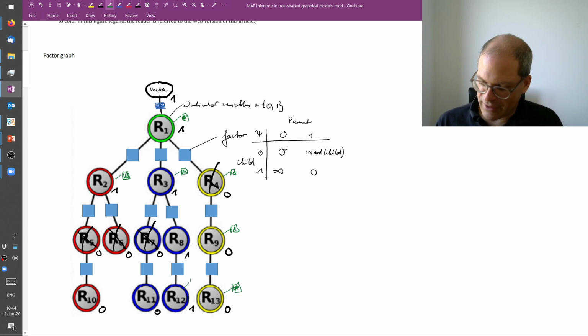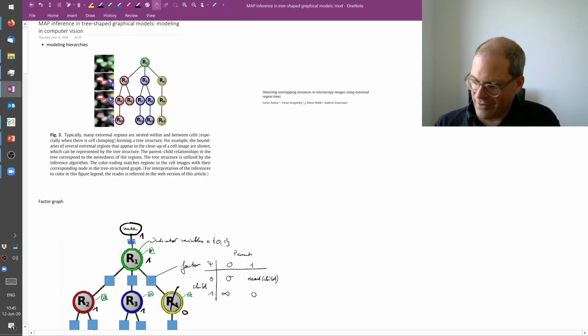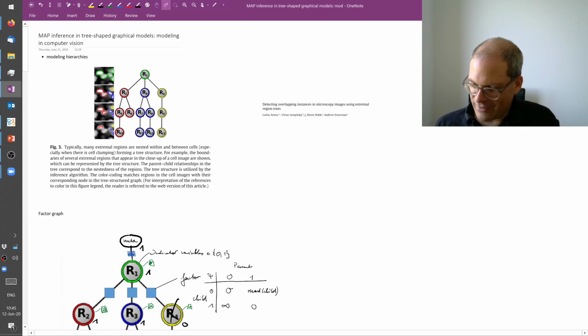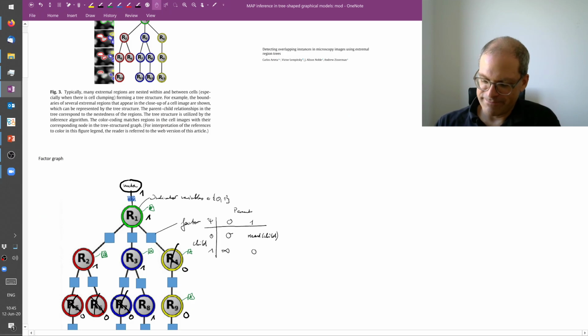Now, what this tree structure is being used for is to say that we cannot earn the reward for both a parent and a child. And so these pairwise factors, shown here as blue boxes, are introduced. And we also introduce two possible states for each variable. This is from Arteta, Lempitsky, Noble, and Zisserman.